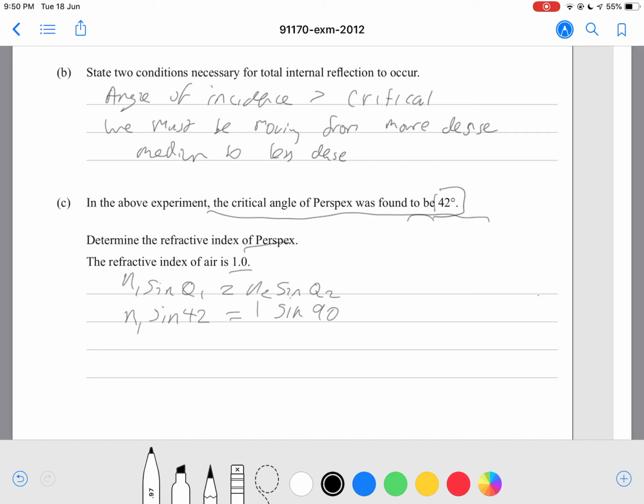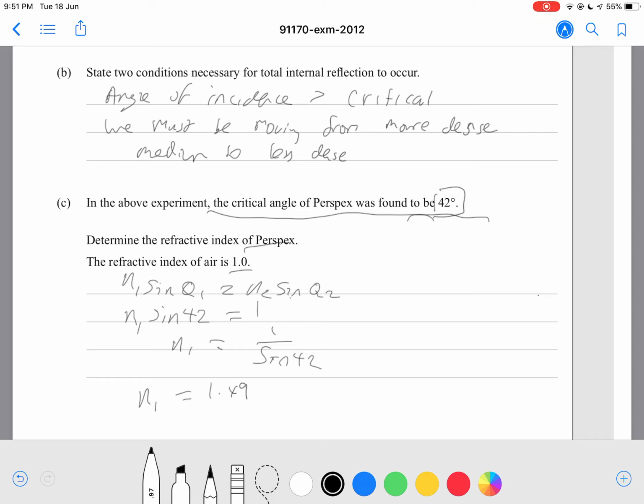Sine 90 equals 1, so this whole thing is just 1. Therefore, n1 equals 1 divided by sine 42. Plugging this into our calculator gives the refractive index of perspex to be 1.49.